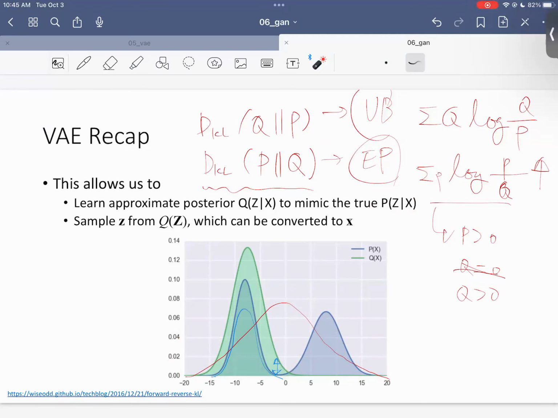It'll have a high recall basically. But QP will only cover one specific mode. Q will produce only samples that are likely according to the P distribution, but it'll never be able to sample from this other region ever.